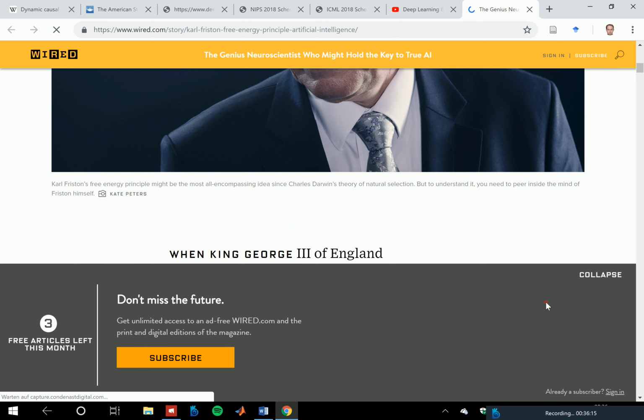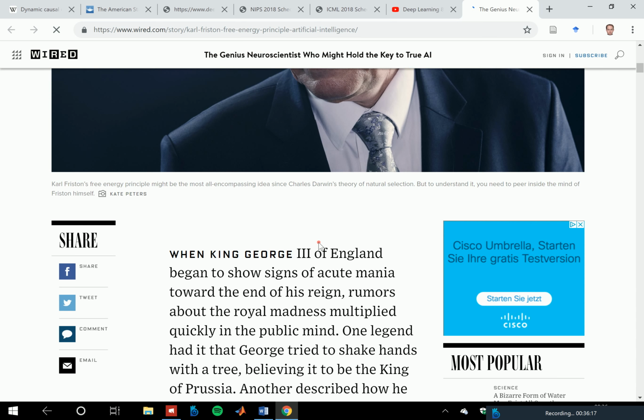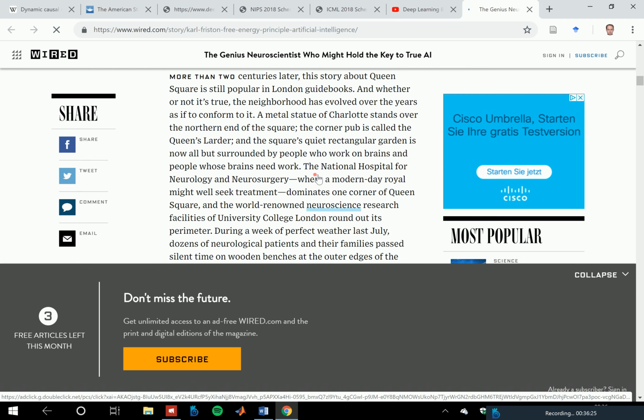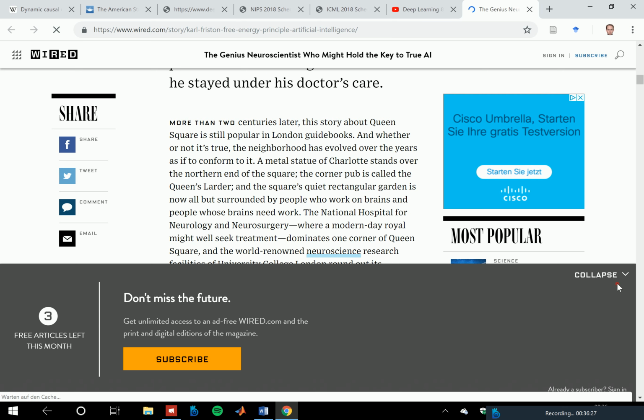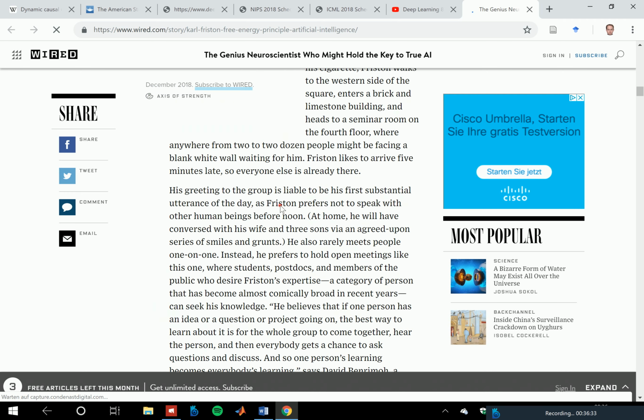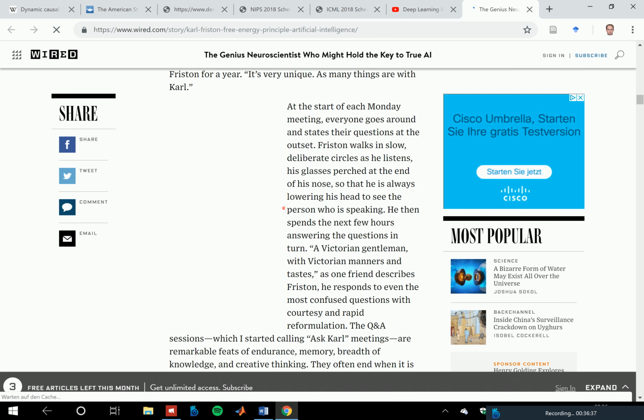I don't know what it has to do with King George of England, but anyway, the article is actually quite nice. So I don't want to make fun of this article. It's a nice article actually, which I somehow can't navigate. It describes the background to this.